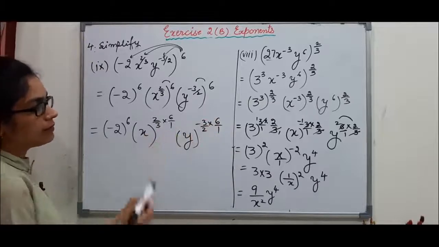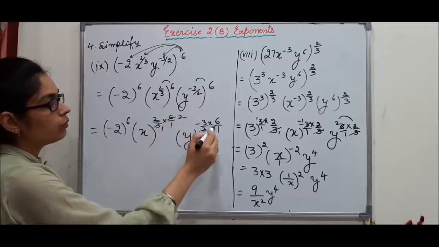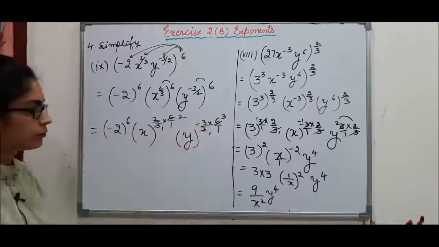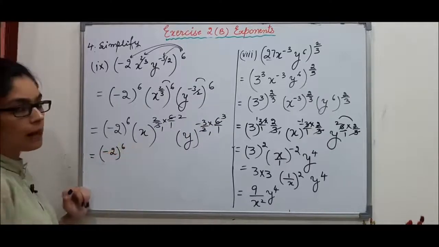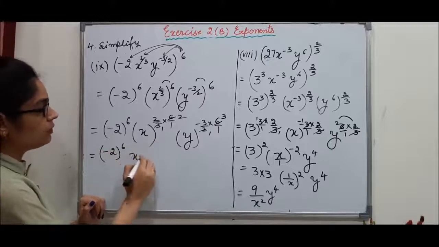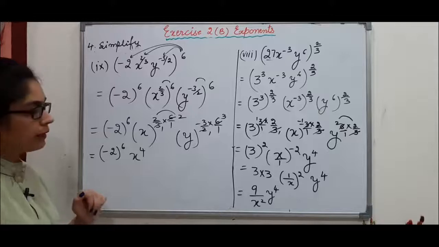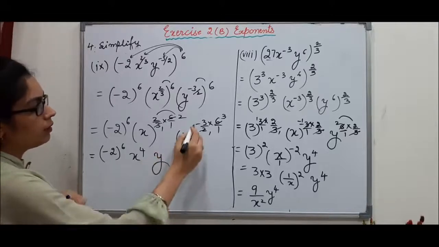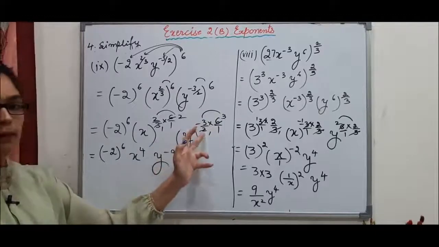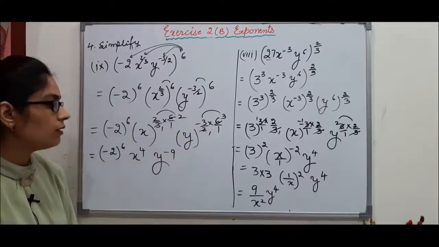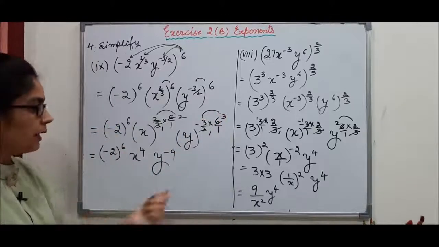So any cancellation, if possible, we can do. So 3 into 1, 3 into 2, 2 into 1, 2 into 3. So minus 2 to the power 6, x to the power 2 into 2, 4. 1 into 1 is 1, so no need to write 1. Minus 3 into 3, minus 9, because only one time minus sign is there, so we will write this minus sign with the answer. So 3 into minus 3 is minus 9.